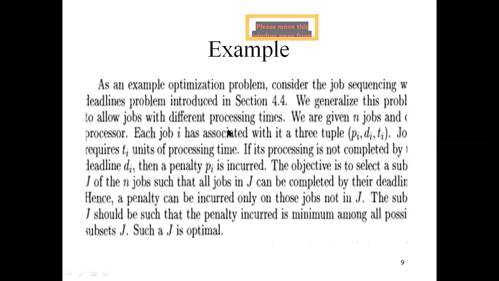Pi is the penalty, ti is the time taken for each job, and di is the deadline for completing the job.